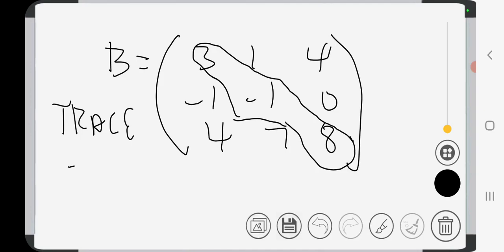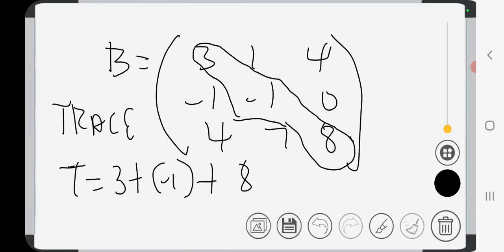So the trace T is going to be 3 plus minus 1 then plus 8, which is 3 minus 1 plus 8. 3 minus 1 is 2. 2 plus 8 will give us 10. That's how to find the trace of the matrix.